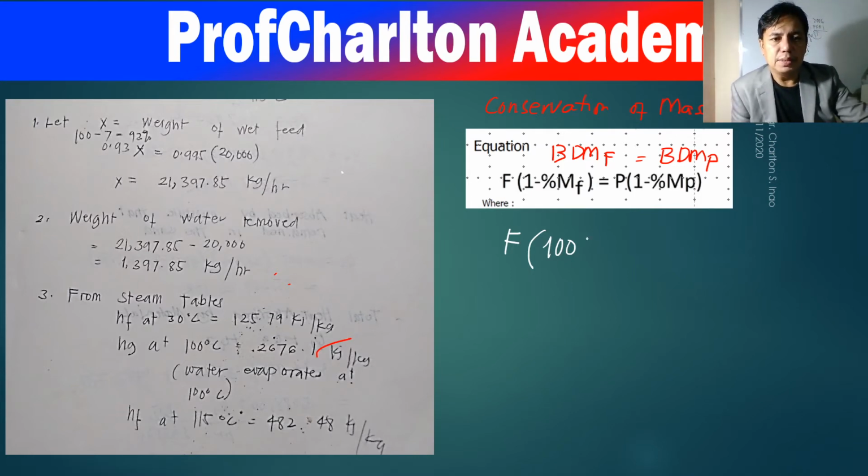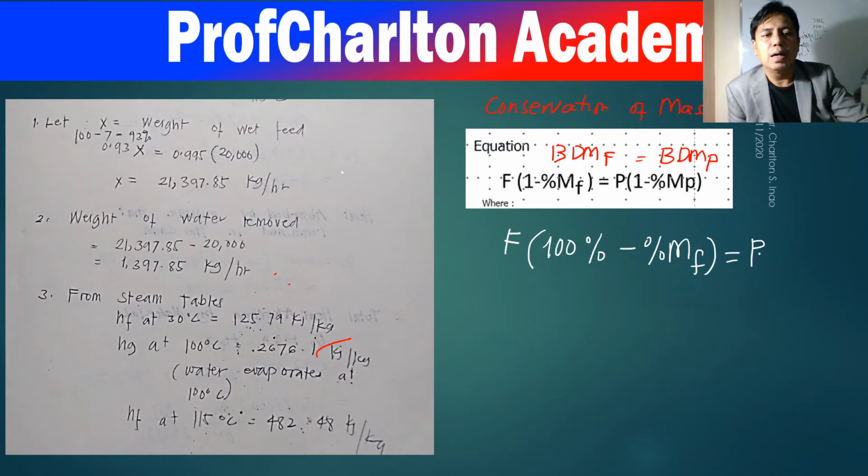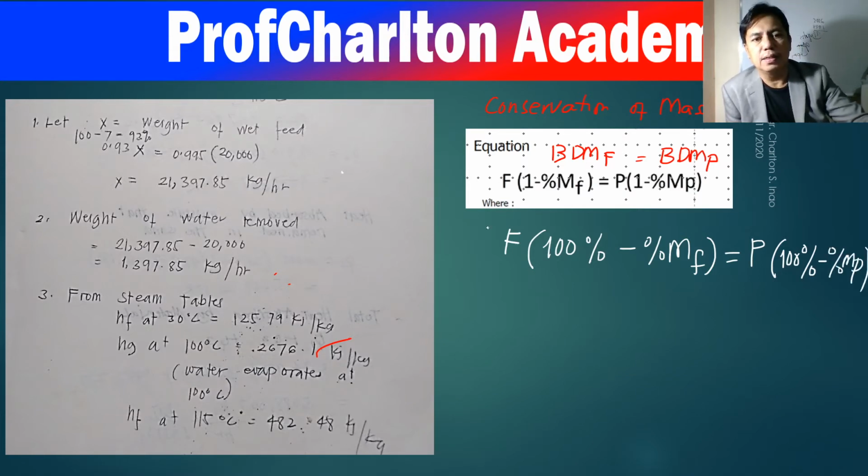So 100% minus percent moisture at the feed is equal to the mass flow rate at the product side or the discharge side, multiplied by 100% dryness minus percent moisture of the product, right?